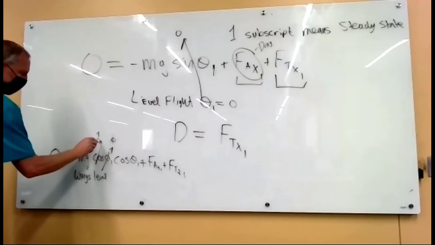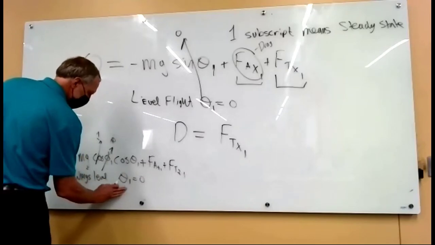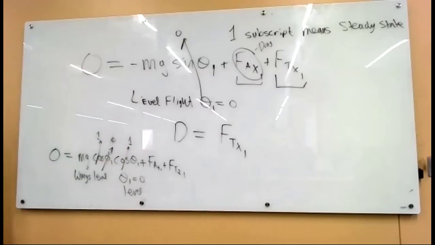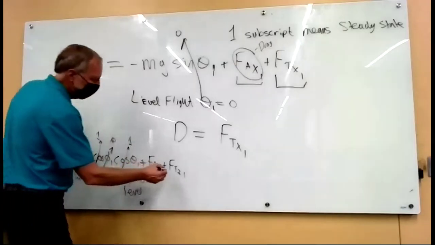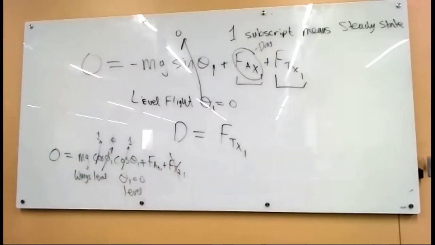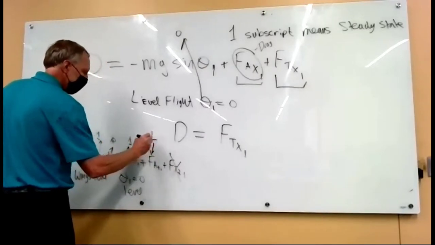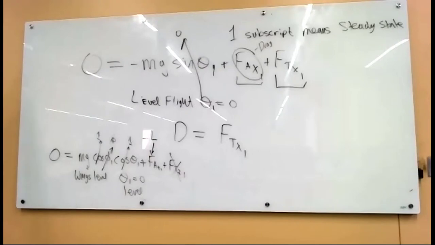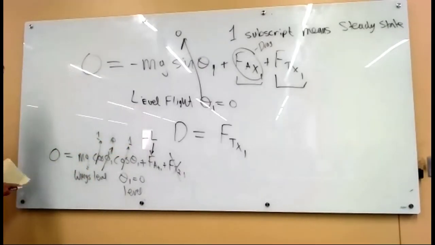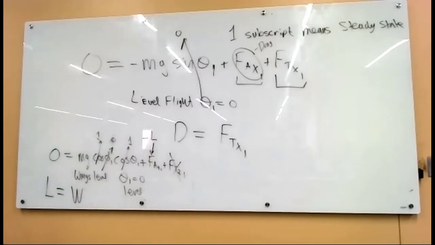And let's say we're in level flight again. So this cosine is 1. And there's no thrust force in the Z direction, typically. So this is aerodynamic force in the Z direction. This is the negative of the lift. Lift is up, Z is down. So what does this say? Negative lift, put it over here. This says lift equals mass times gravity. Lift equals weight.